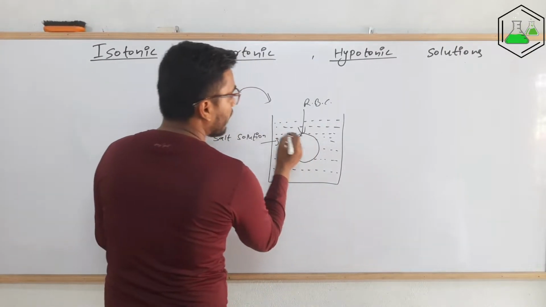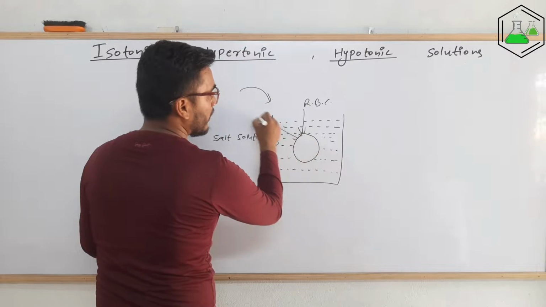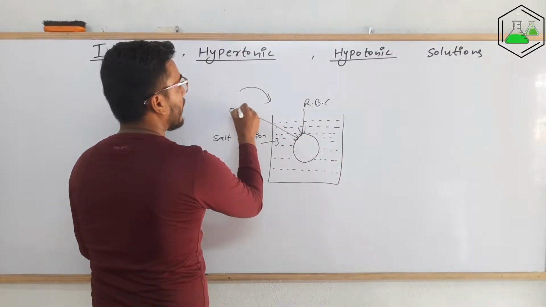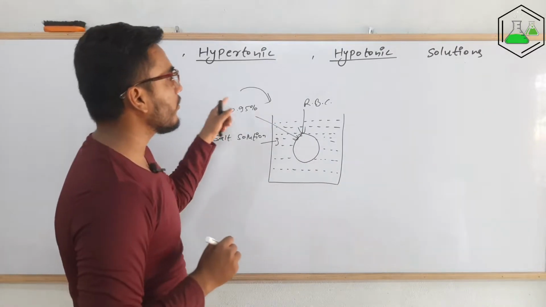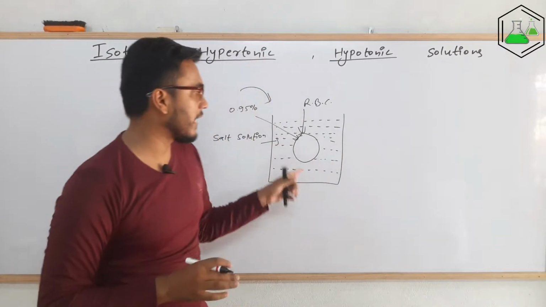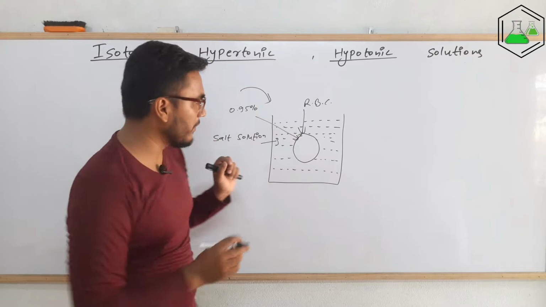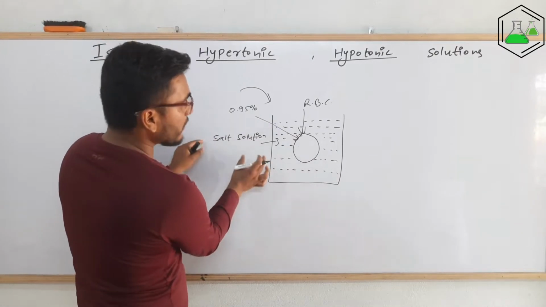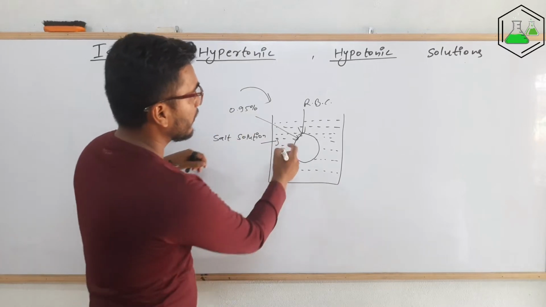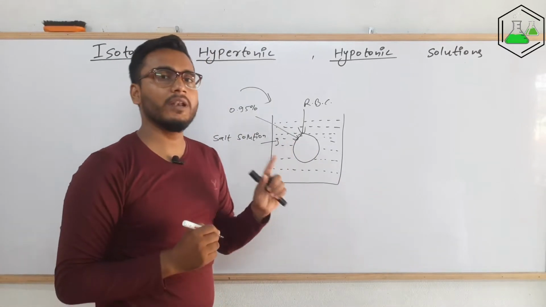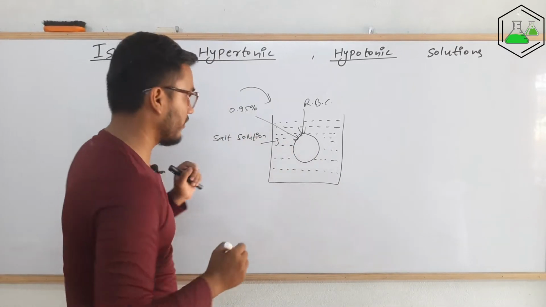The concentration inside the RBC is equal to 0.95%. If we take different concentrations of liquid around it, then either water will get in or water will get out. We have to see that condition over here.